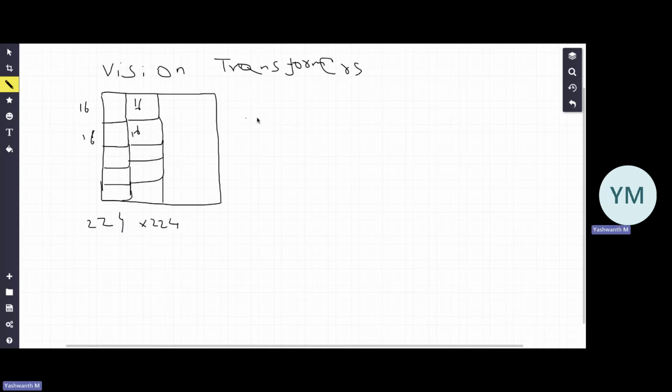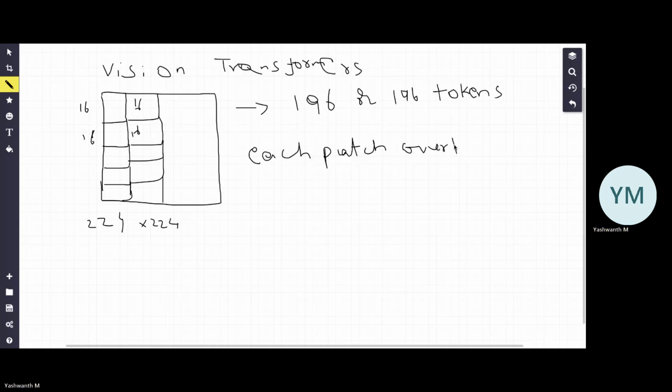So totally this will be converted to 196 patches or 196 tokens. And each patch is converted to an embedding, by using projection.